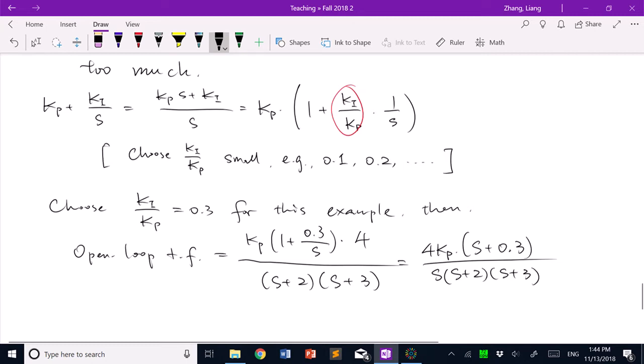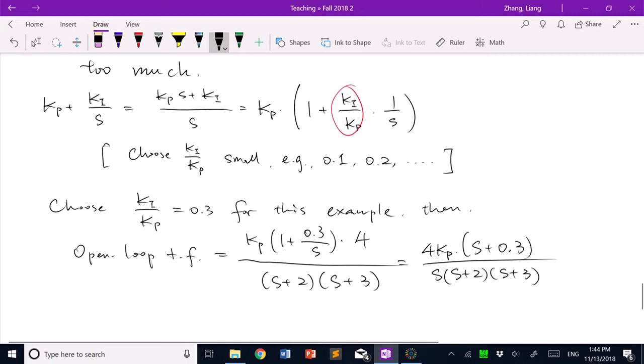So I multiply s on both sides of the equation, so this is what we have. Now when you view this, this is slightly different from what we have in typical root locus.